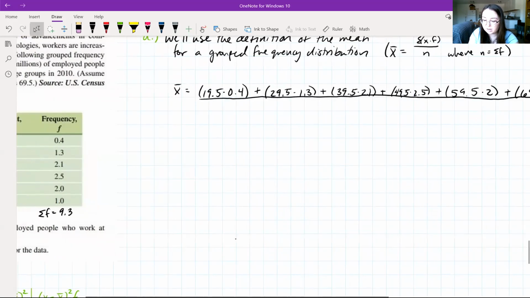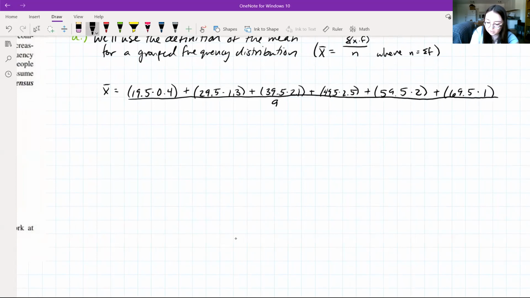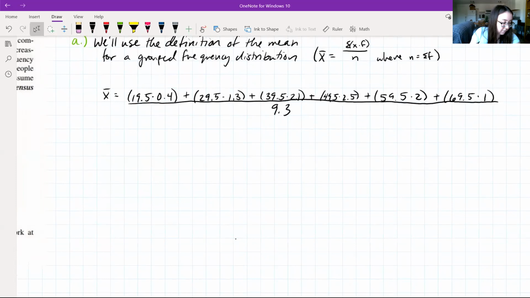So our denominator and our mean is going to be 9.3. Now we just want to add all of these values up. And you can plug this straight into a calculator. And if you do, you should end up getting that x bar is 47.457.